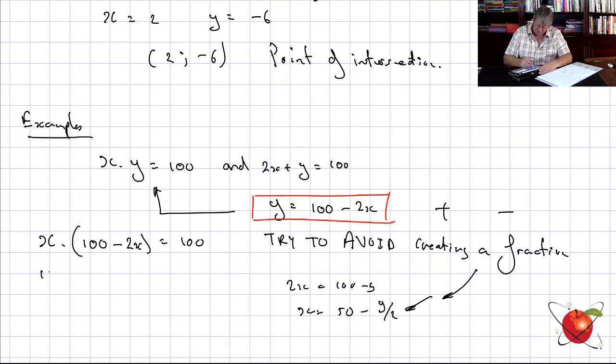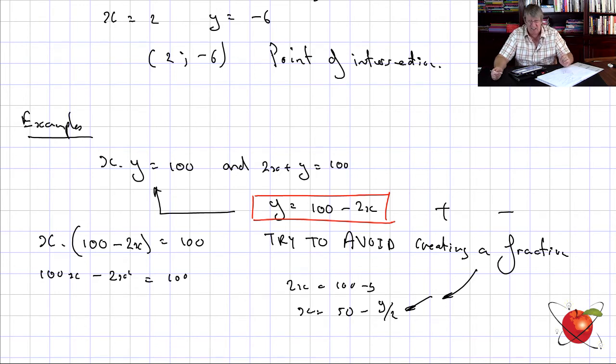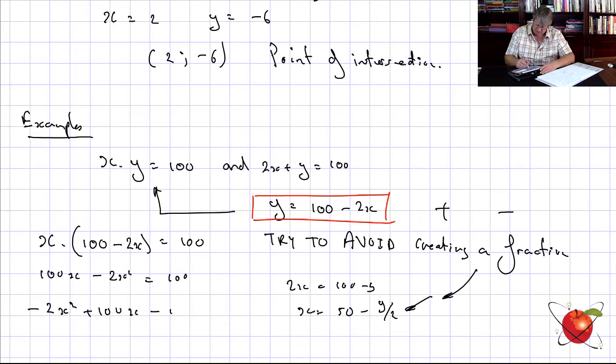Multiply out: 100x minus 2x squared is equal to 100. What does that look like? That looks like a quadratic, doesn't it? It is. We just rearrange it to look nice in the correct form.